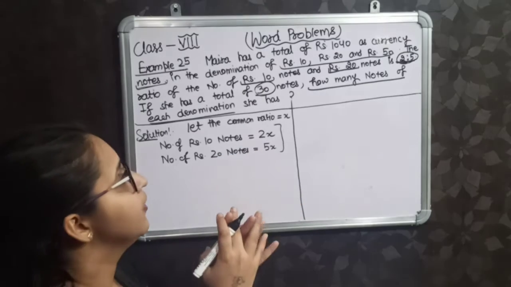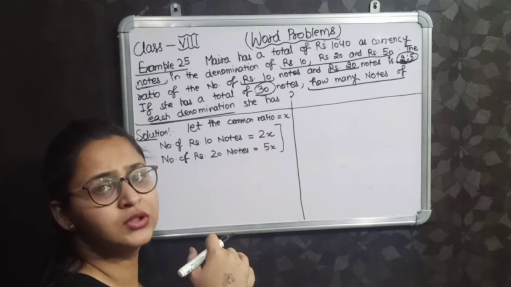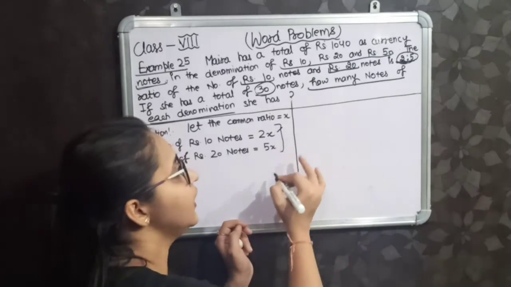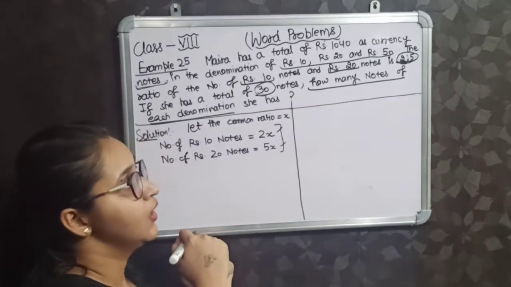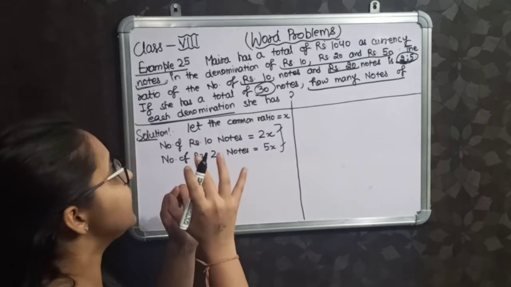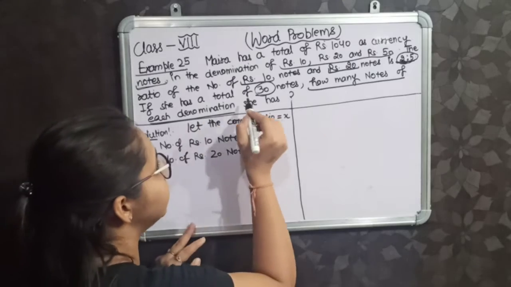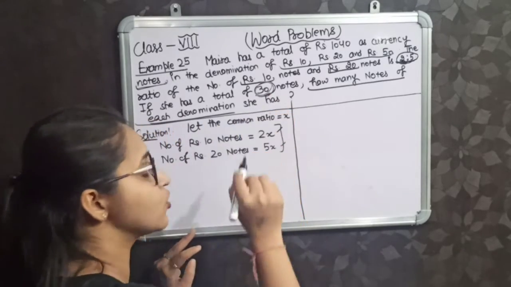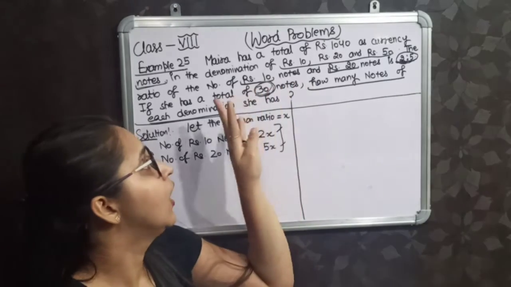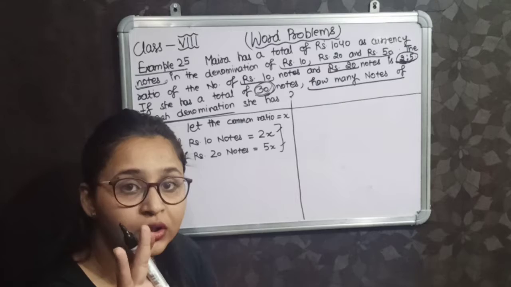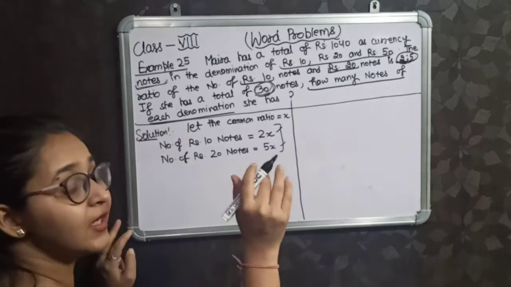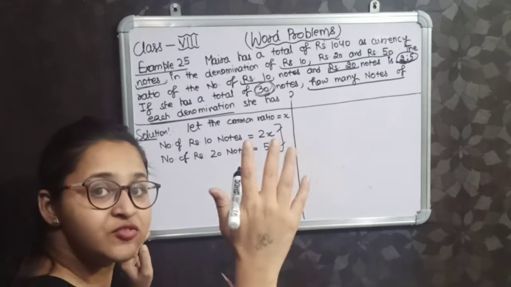Now see, there were three types of notes: 20, 10 and 50, and you have found only 20 and 10. Now what about rupees 50 notes? How will you find them? The statement says that if she has a total of 30 notes, what does this line mean? The total notes she has is 30. It means I can find my rupees 50 notes.